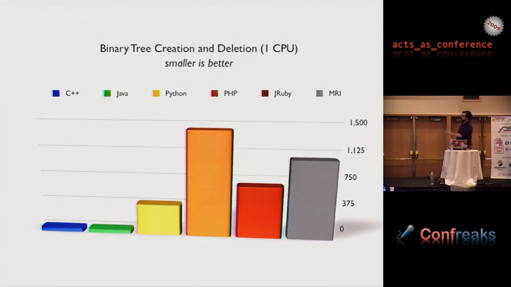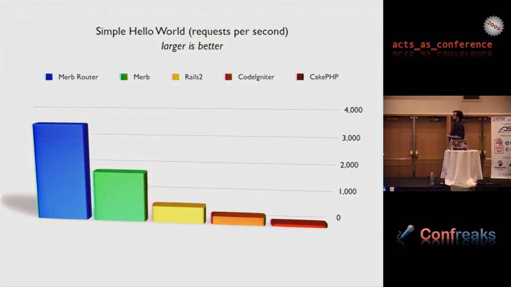It is orders of magnitude slower than C++ or Java, that's true, but in dynamic language land, PHP is actually ridiculously slow, and Python, JRuby, and MRI are equivalent areas of sanity. So if you care about Hello World requests per second, this is the graph I showed at Merb camp.